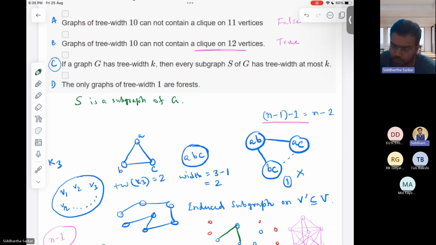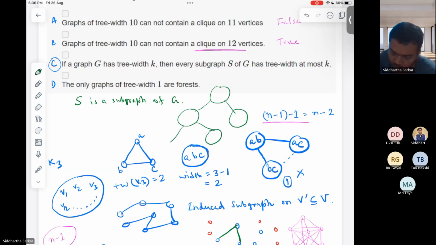What you will do is simply remove the vertices. Consider the tree decomposition for G. Let us say this is the tree decomposition for G. Maybe v is a vertex which does not belong to S, but it was there in the original graph.